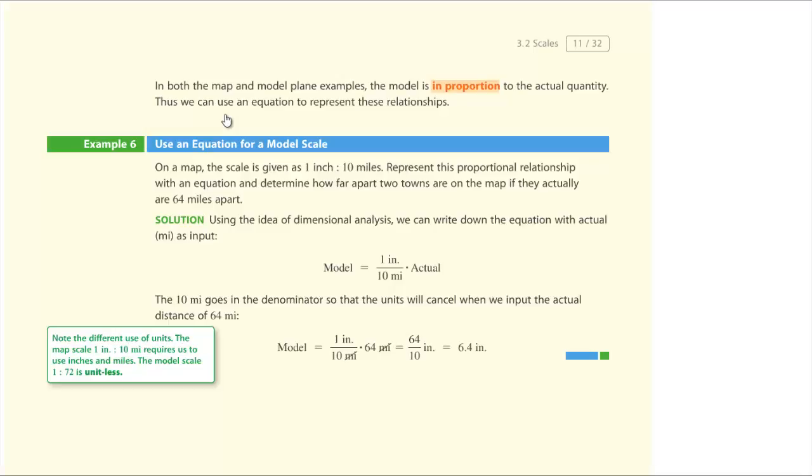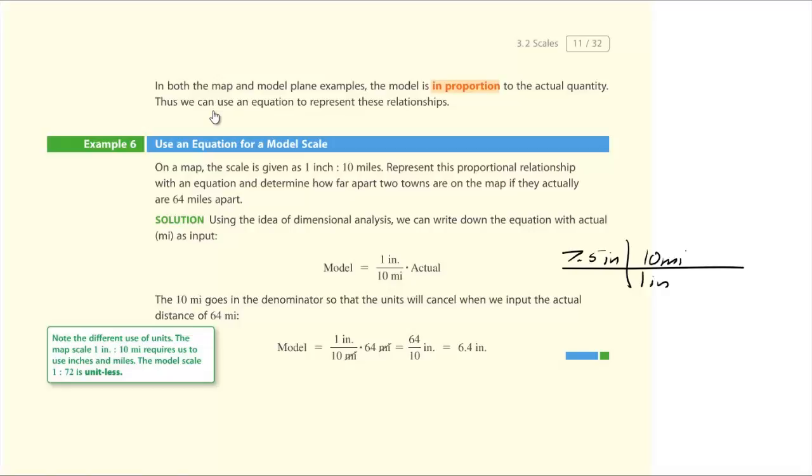Now, you would usually go in the other direction. You'd figure out, okay, if these two cities are 7.5 inches away from each other on the map, how far are they in miles? Well, it's the same idea. So you would set up your conversion line. You'd start with what you have. Okay, these two cities are 7.5 inches apart. I want to know how many miles that is. So I use my conversion of 1 inch equals 10 miles, and I just do 10 miles over 1 inch, right?